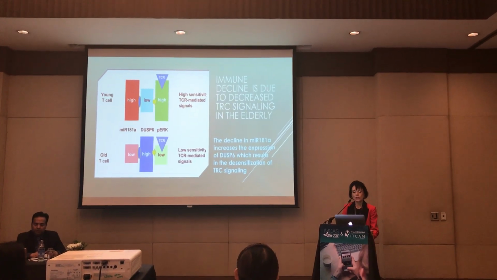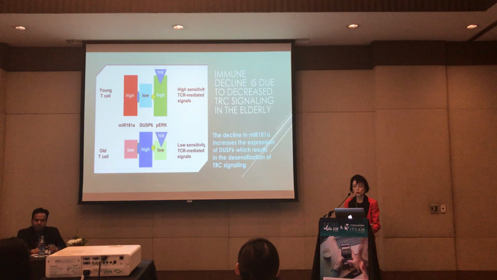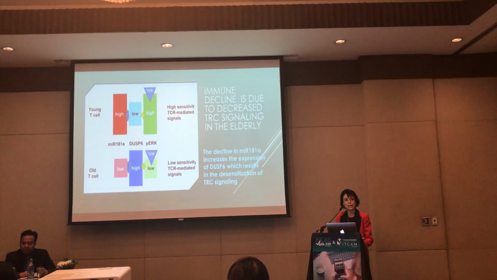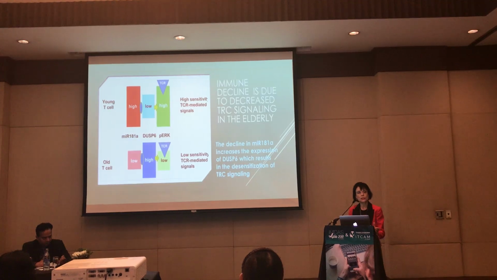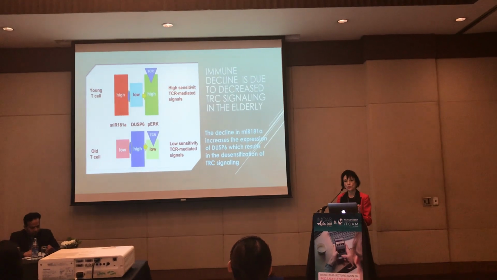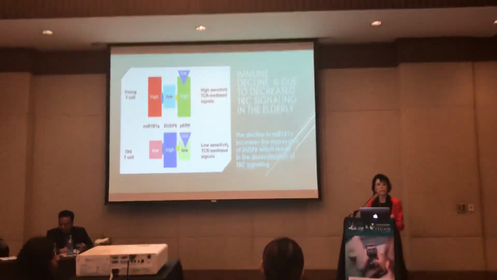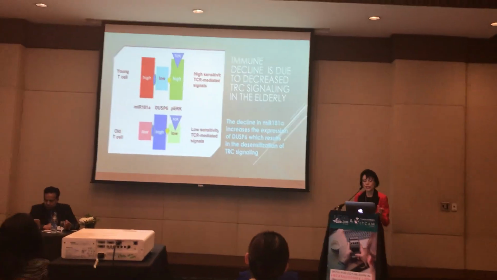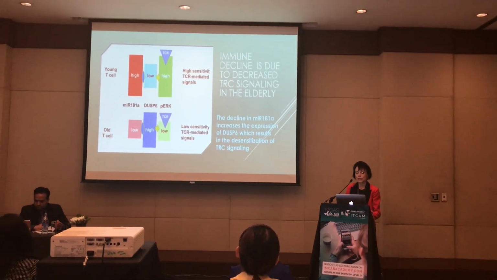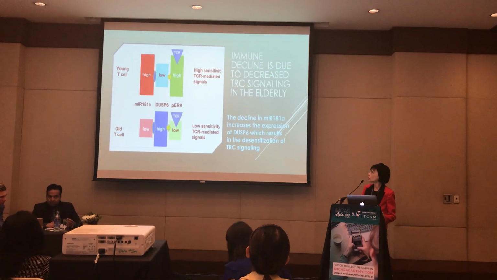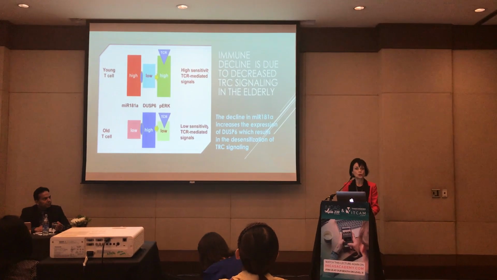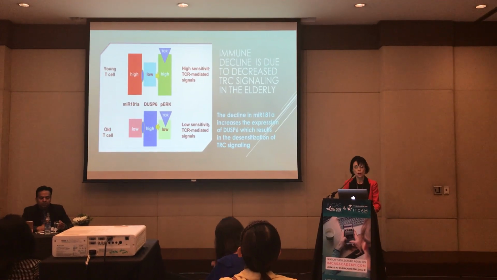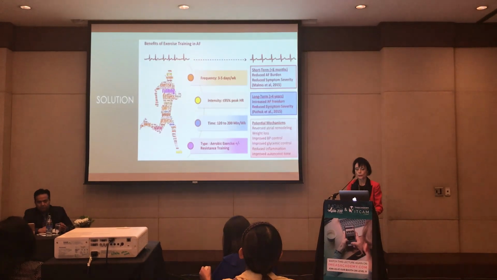Now, the immune decline is due to TCR decline. Remember that you saw before how they're communicating to protect different cells when they're infected. You can see the young T cell has a very high TCR, and the old T cell has a very low TCR. These are the two bars that you need to look at.